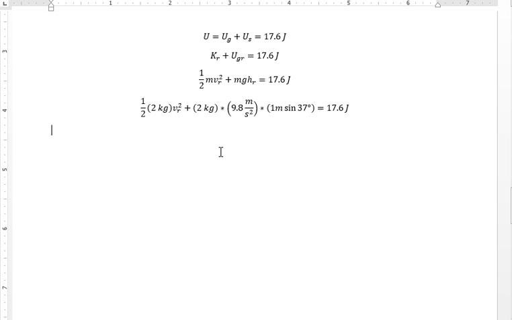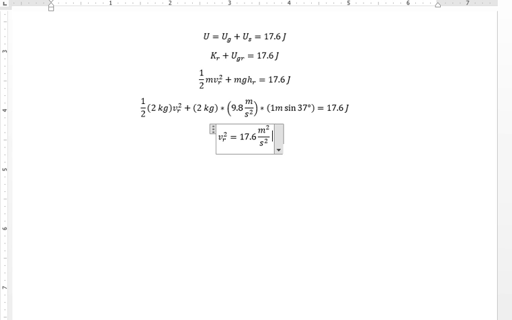So we've got v_R squared equals 17.6 joules per kilogram. That's going to give us meters squared per second squared.